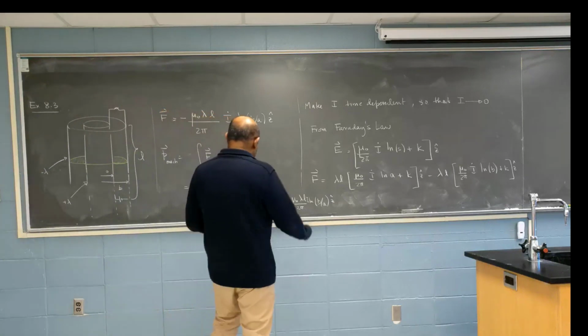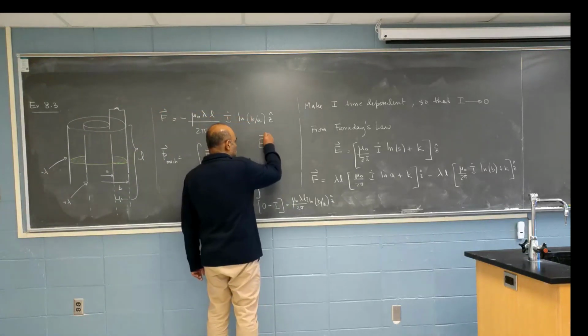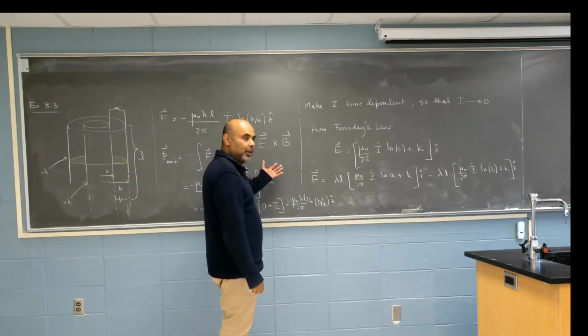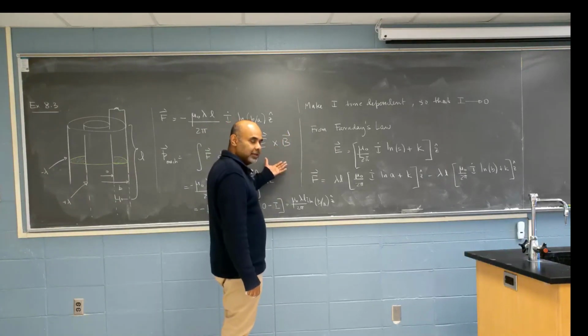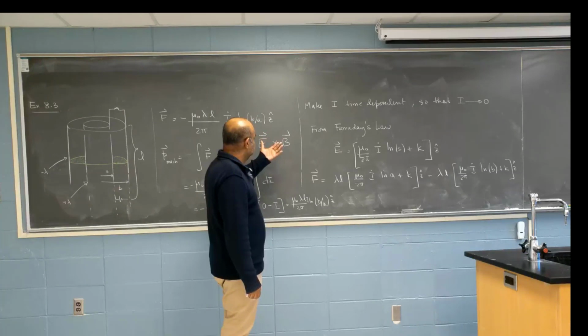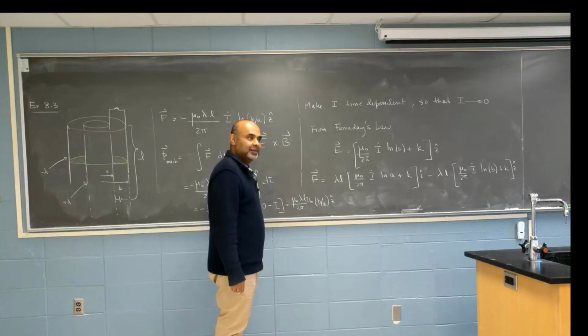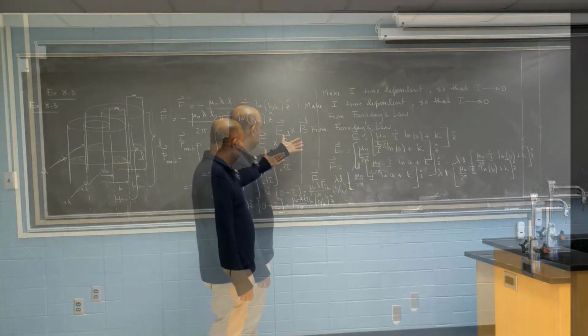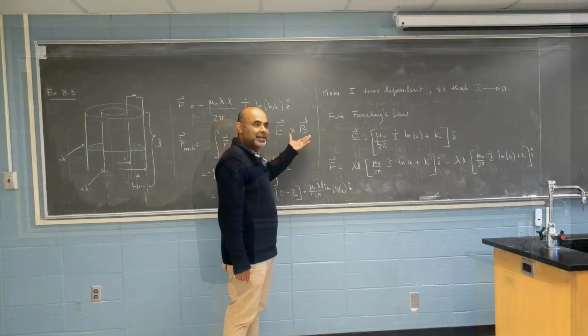E cross B, modulo constants outside, is both power flux and momentum density. Power is energy per unit area per unit time, or it's the density of that.